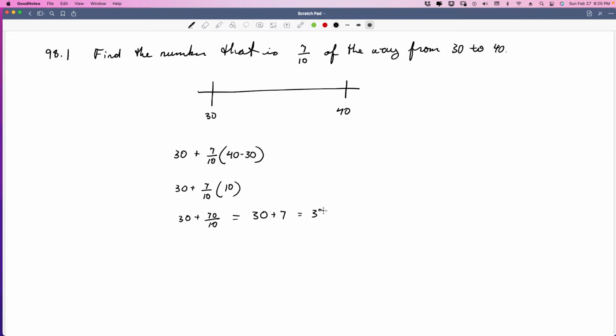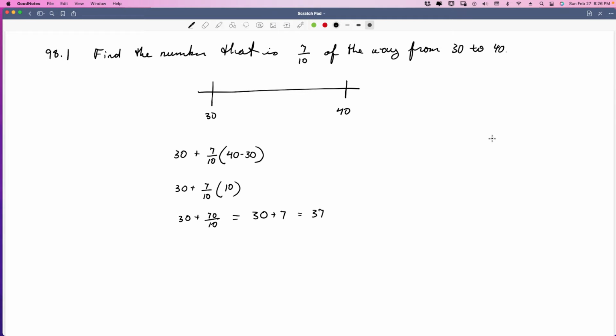So the answer is 37. If you think about it, there's 10 spaces between 30 and 40. 7 of those 10 spaces would be up to number 37. So we're going to be understanding the number line relationship and the range between numbers.